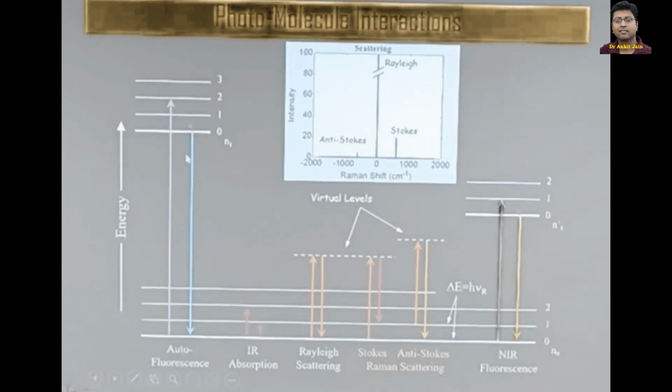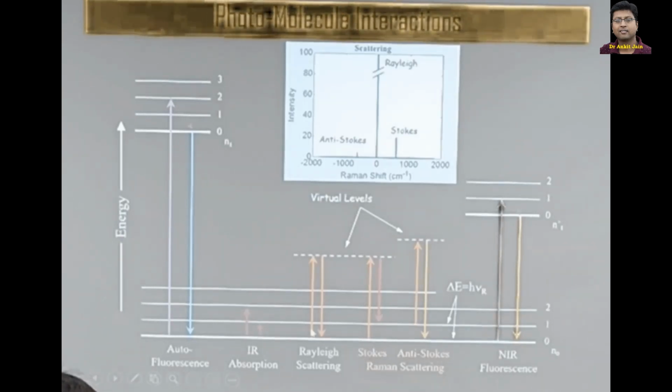If we talk about phosphorescence, there is an additional intersystem crossing involved, and it falls down to the ground state. But when we talk about IR absorption, that is FTIR and other kinds of IR absorption, the absorption takes place only in the ground state levels. The energy is absorbed from there, but it stays in the ground state and does not relax or come back.